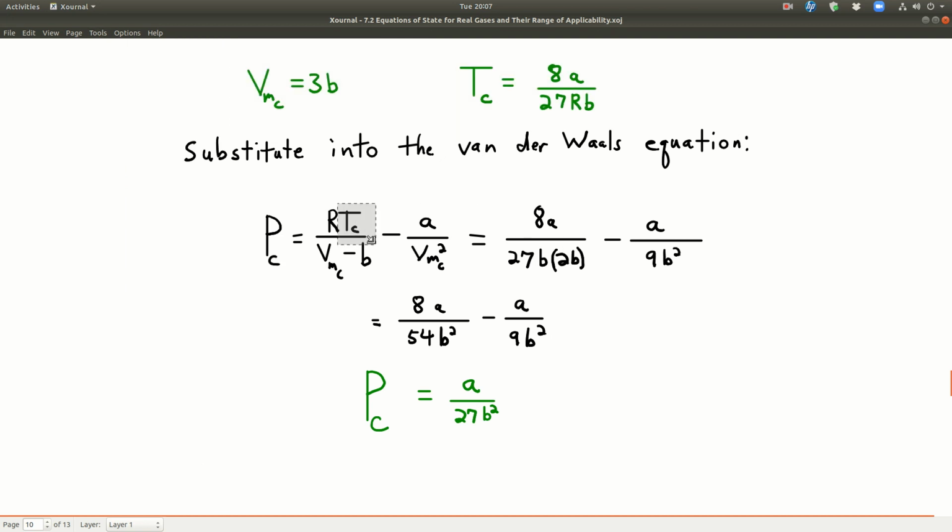So TC here, we replace with this. All the VMCs become 3Bs, and we end up getting, this is a 9 here, this minus that, which ends up being just the critical pressure equal to A over 27B squared.